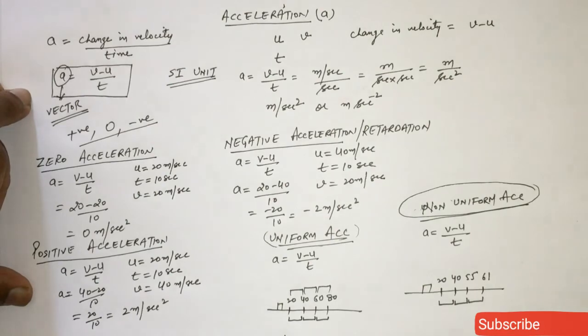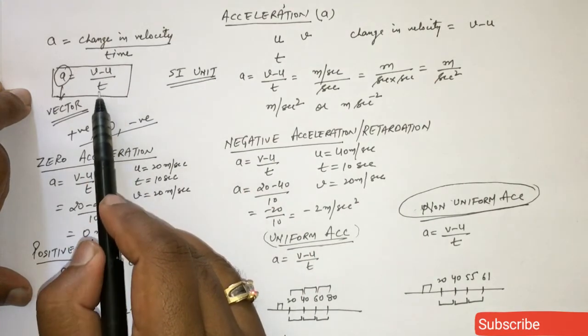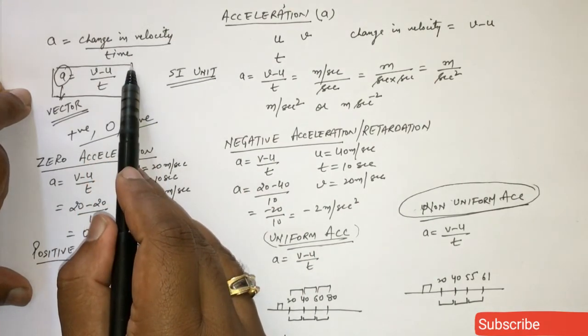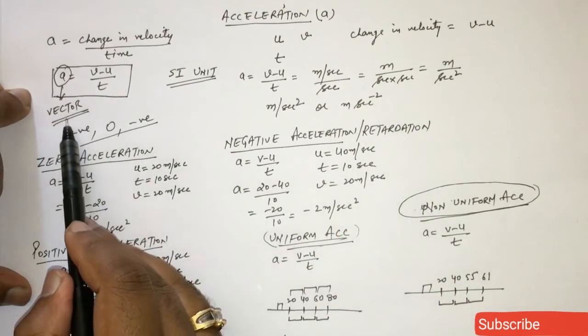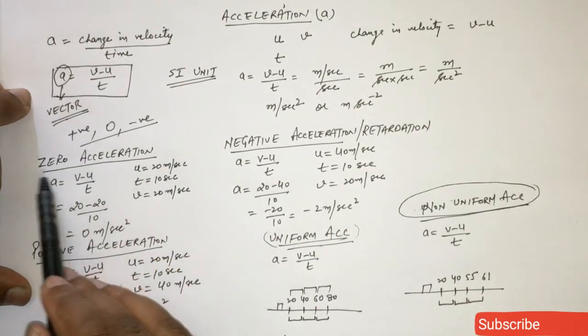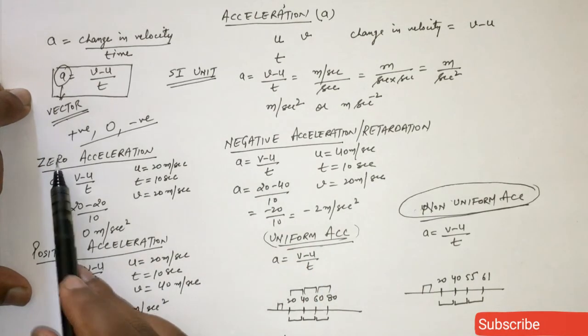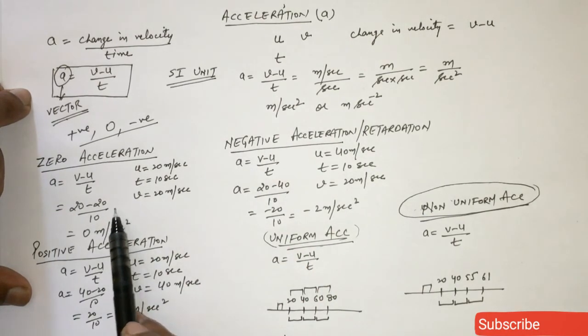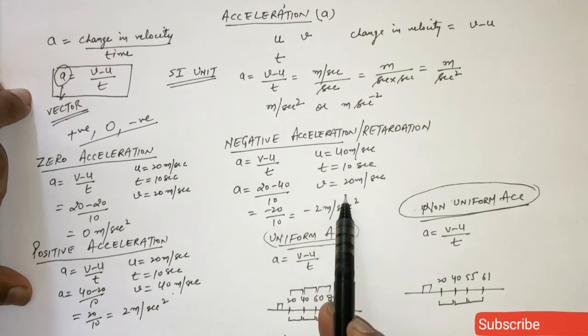Now let's recall all the points that we have discussed. Starting with acceleration is V minus U upon T, means change in velocity upon time. SI unit is meter per second square. It is a vector quantity, so it can be 0, positive and negative. 0 in which the velocity is constant, positive in which the velocity increases, negative in which the velocity decreases.